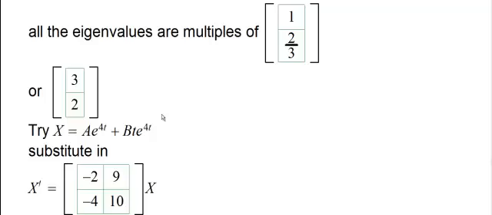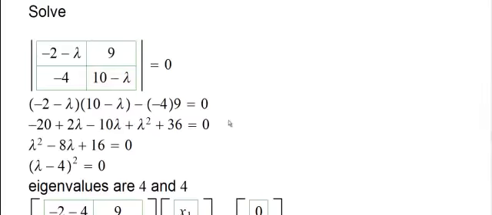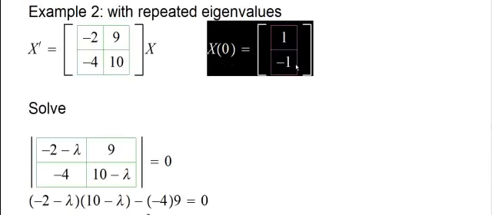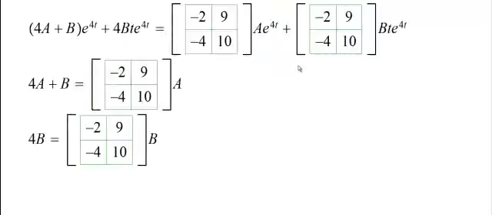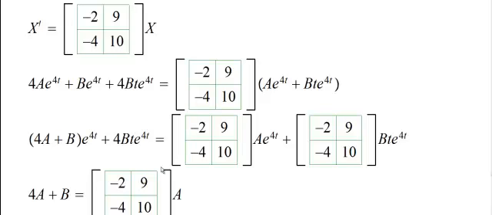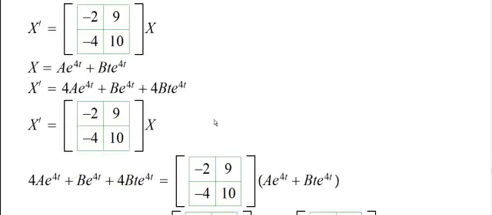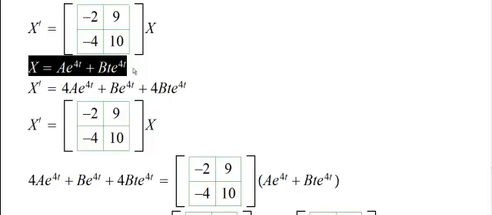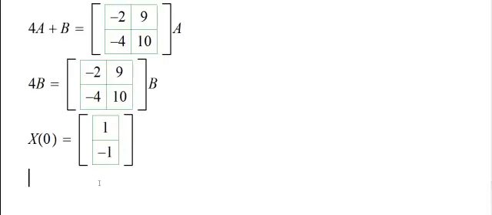Now notice this here. In this case, remember, we were given that x at 0 is 1, negative 1, right? Okay. So if this is a solution, then who is x at 0?